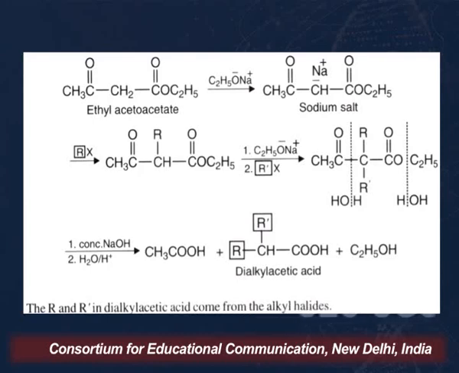When you do so, from the left side you will get an acetic acid. From the middle part, you will get the dialkyl acetic acid, and of course we will get a molecule of ethanol as a side product.